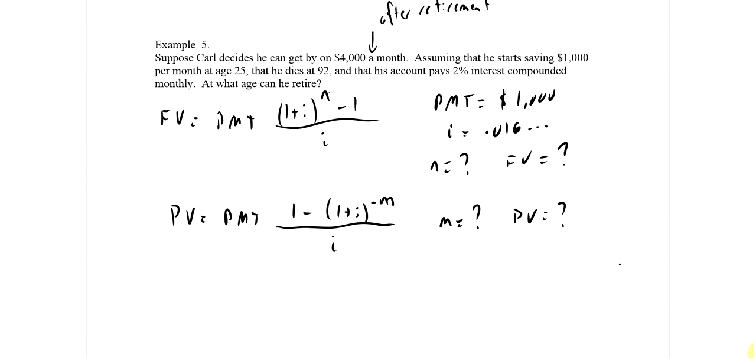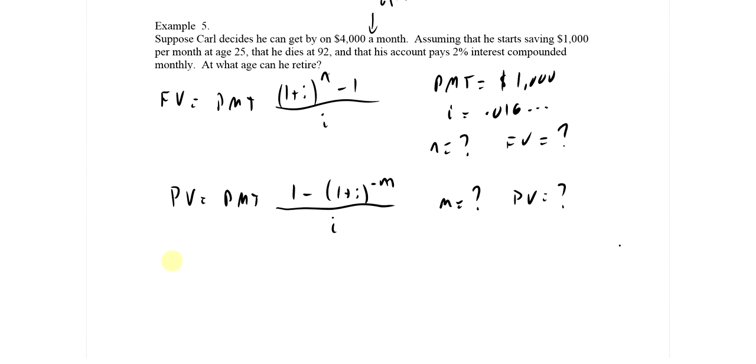We do know two things, though. One, the future value is the present value. In this problem, he starts putting money away, and it piles up and up, and then he retires. The pile of money that he has is the future value. And now we shift to the present value problem. He takes that same pile of money and spends it down.